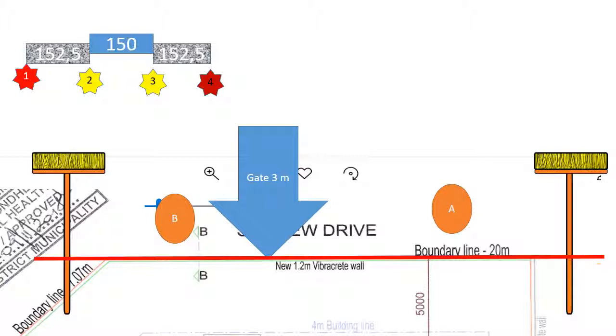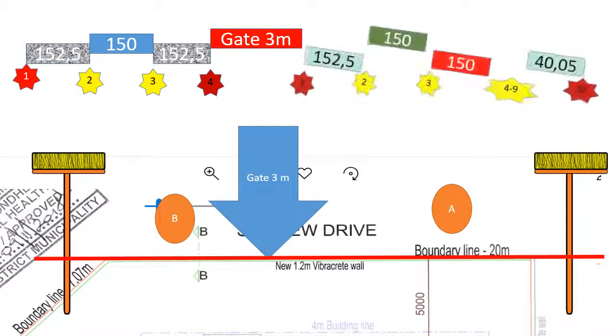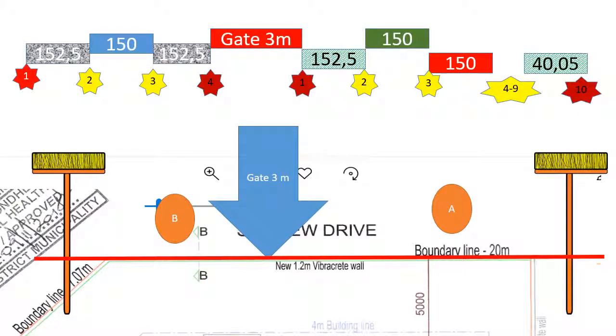Then you go thereafter to section B, you get the gate, and then you get section A. Section A, as I said, starts with a corner unit of 1.5. But in this case the corner unit is 40.5 because the corner unit must be cut off. I prefer to put the corner unit in section C at the end so that it is away from the driveway gate.